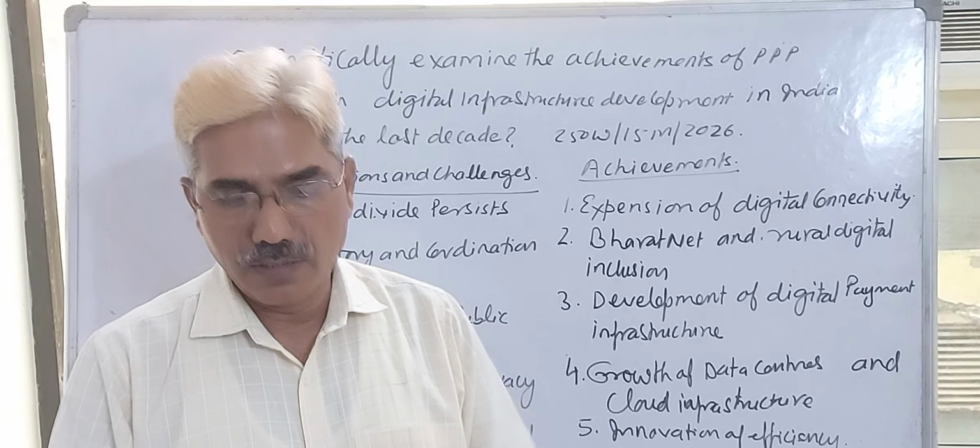It is not possible in a privatized, liberalized and globalized economy for the state to do all activity. As you can see, from 1947 to 1991, because of a highly regulated economy, there were more public sector industries. Seventeen industries were reserved for the public sector, and that kind of public sector monopoly creates hurdles in development. But after 1991, the triple P model specifically came into existence in the 9th Plan.